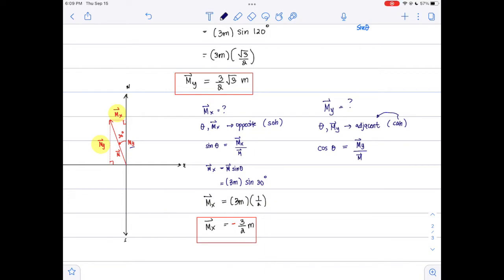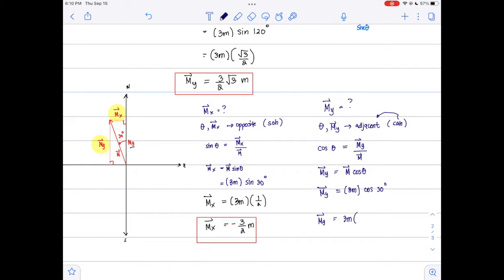So, a little bit of manipulation will give you m sub y is equal to vector m cosine of theta. So, this time around, the advantage in this class is you don't have to think of other angles in your cosine theta, because whatever is given in the vector, you just use cosine 30. So, m sub y then is equal to 3 meters.